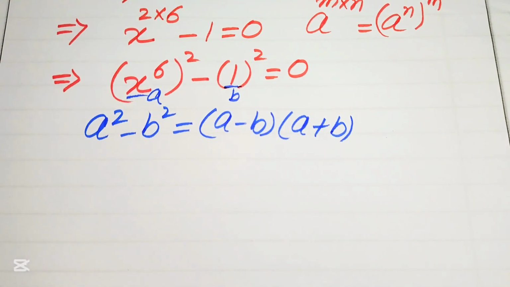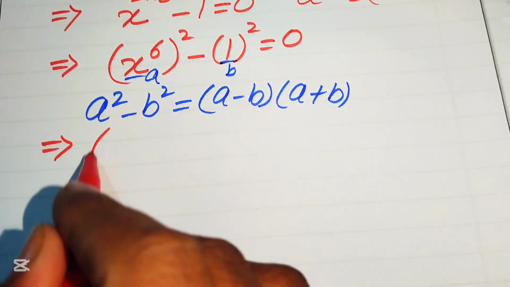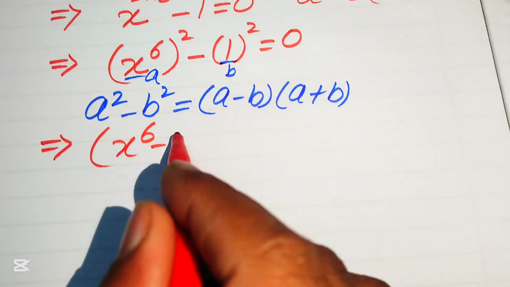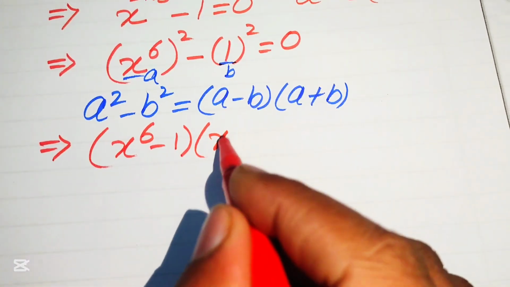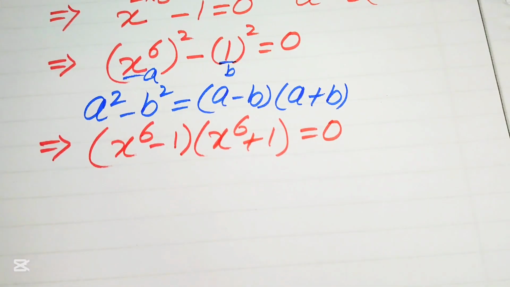And now here we need to apply this nice formula to the above equation, so that our above equation is written as x to the power of 6 minus 1 into x to the power of 6 plus 1 equals to 0.